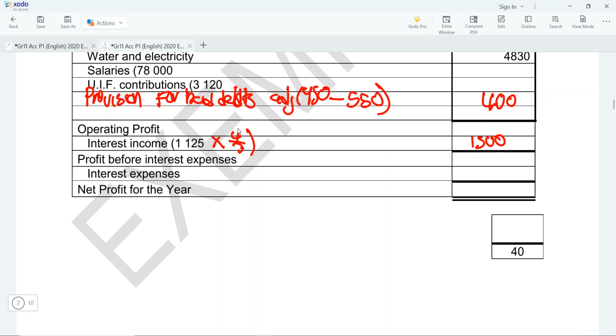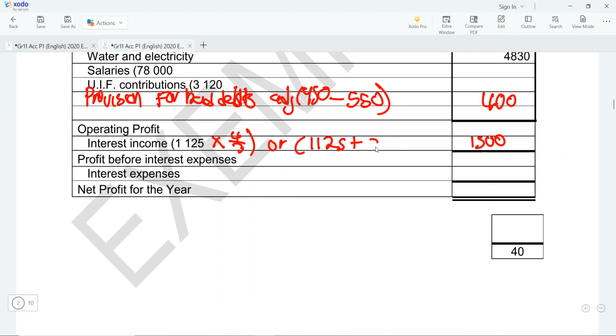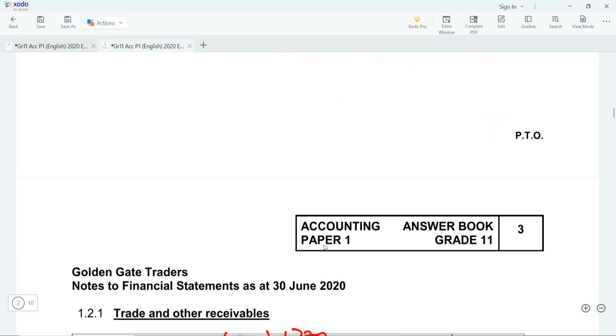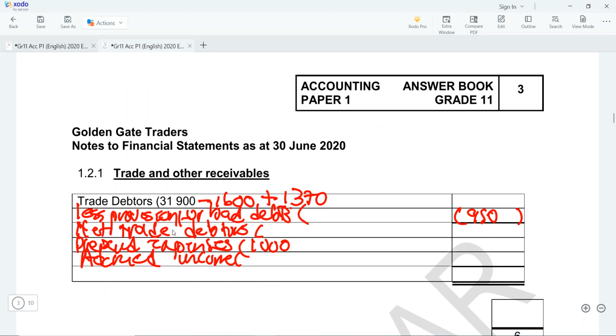You can also say 1,125 plus the difference between the two. So the difference is 375. So meaning that we are still owed 375. So we'll go back to our accrued incomes in trade and other receivables and say plus 375 here. Then you proceed to the next transaction.